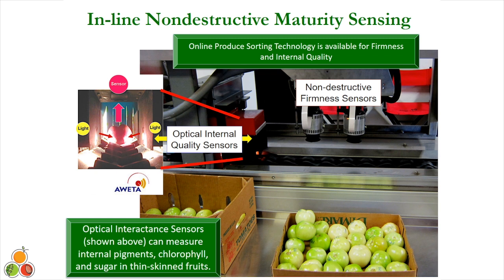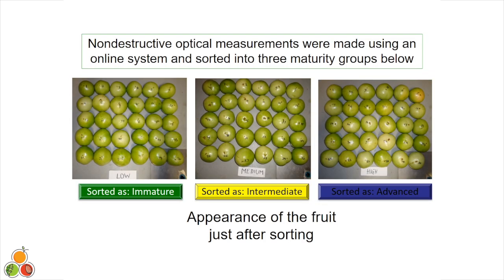They can look at light between, if I'm not mistaken, around 650, so it takes a little bit of the color, up to 1200 nanometers. So it acquires a spectrum, and it sorted it into three different categories: immature, intermediate, and advanced.